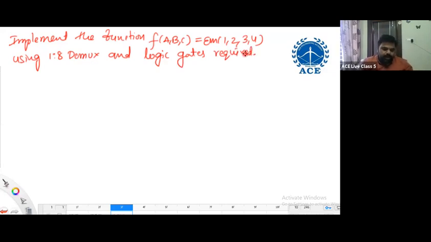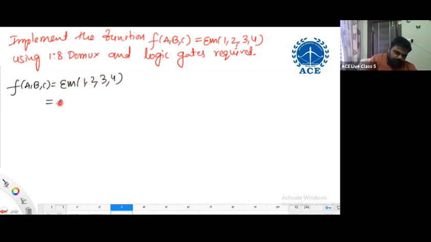Right now, the question is this. Implement f of a, b, c equals sigma m of 1, 2, 3, 4 using 1:8 demux and required logic gates. Then what can I say here? The function we would like to implement is f of a, b, c equals sigma m of 1, 2, 3, 4. If I write the expression, what is it here?